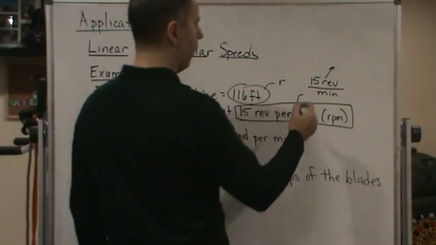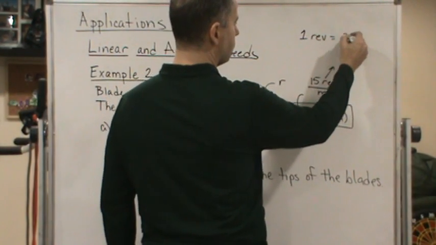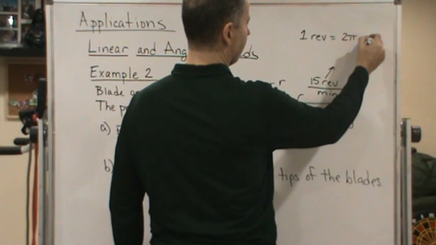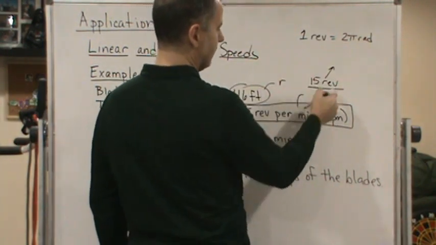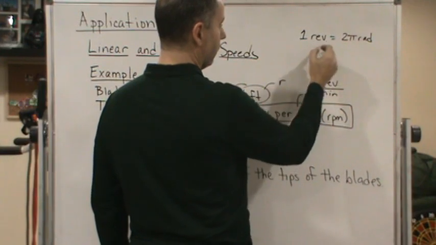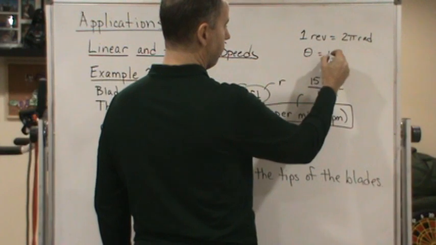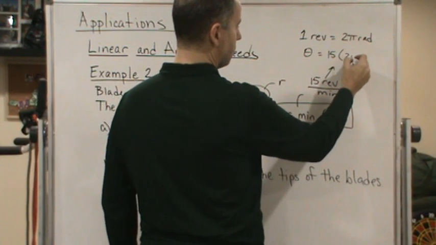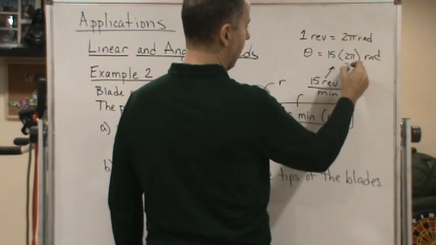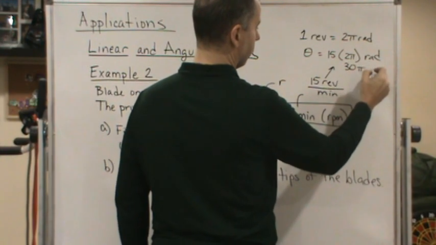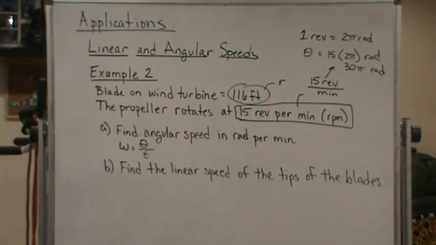So one revolution on the circle is equal to 2 pi radians. That means the central angle theta for this is going to be 15 times 2 pi radians, or 30 pi radians. Okay, that's it.